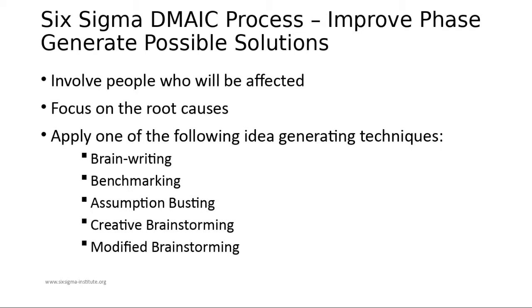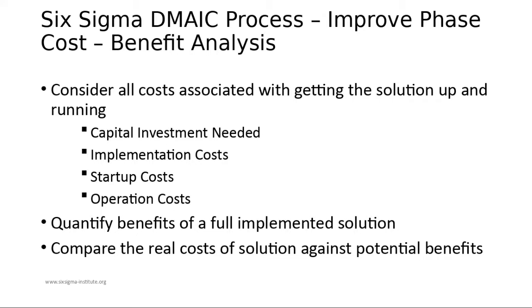So the improve phase usually uses one of the following idea-generating techniques. You start with brainstorming, brainwriting, benchmarking, comparing, modifying, assuming. Then you come up with a solution that can reduce the variation in the process.